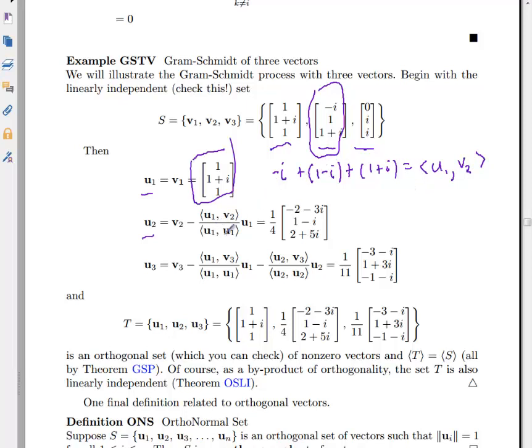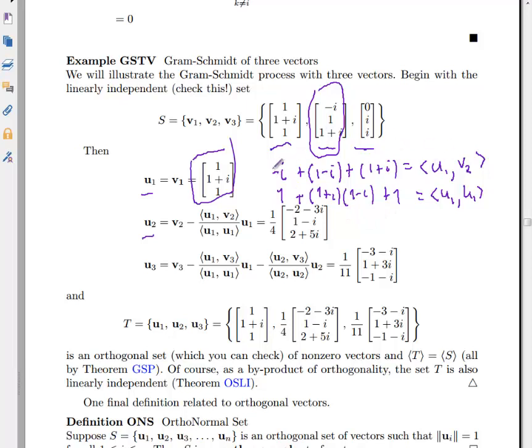And if we want to get the inner product of u1 and u1, that would be the same thing as taking 1 times 1, plus, then I have to take 1 plus i times 1 minus i, plus 1 times 1. So that's u1, u1. All right, let's see what we get here.